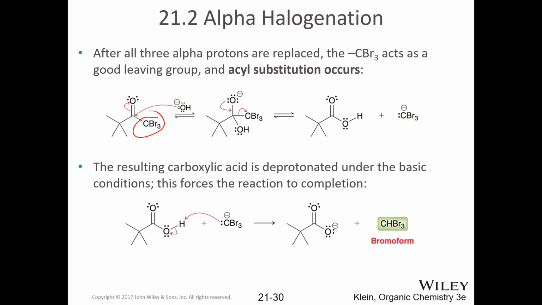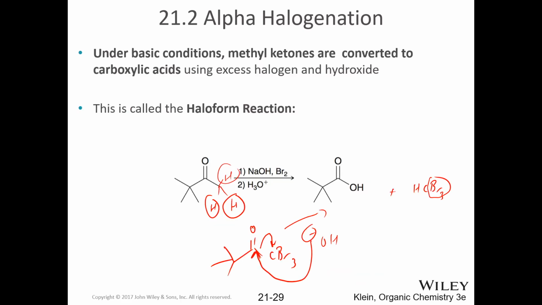It's then going to turn around and take that hydrogen to form bromoform, and then we're not going to get a hydrogen on this until the reaction's over, and typically we dump in dilute acid afterwards. And then we're going to get our actual carboxylic acid product out of it. So if you notice, that's what they gave as a second step here. That's why.